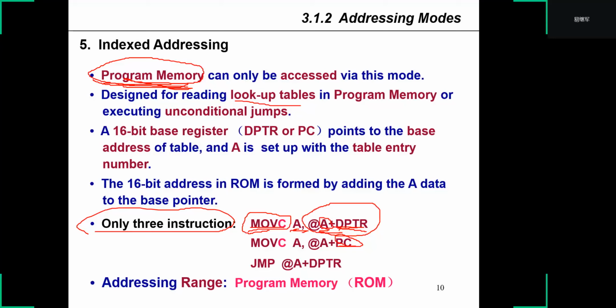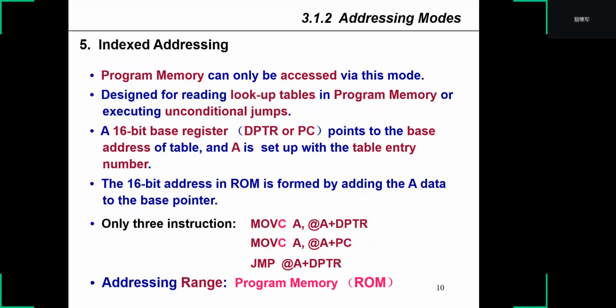So A plus DPTR, we can get the actual value in the table. Okay, so from this address, we can get the code, the program, and move this code to A. Okay, Laoshi.